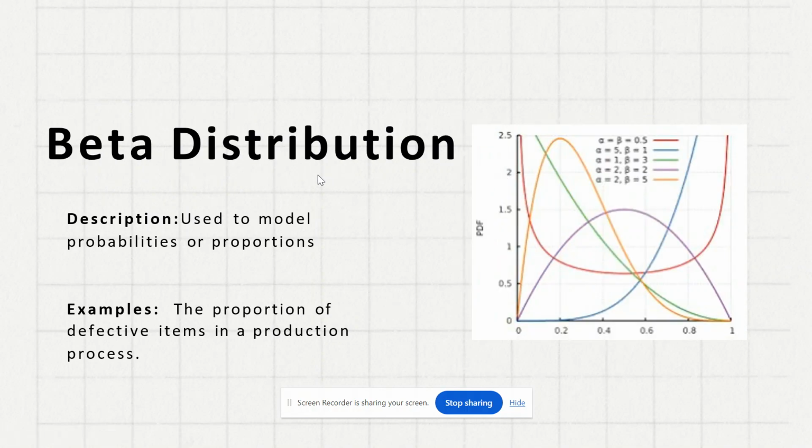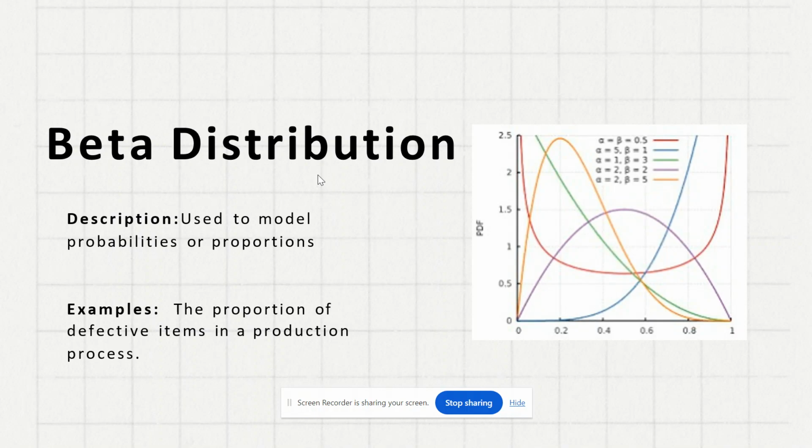And the second last one is called the beta distribution. It is used to model probabilities or proportions. It actually represents the probability or proportion of some sort of events. For example, we have defective items in a shop, and also non-defective items. So the beta distribution will show you the different probabilities based on the number of events.